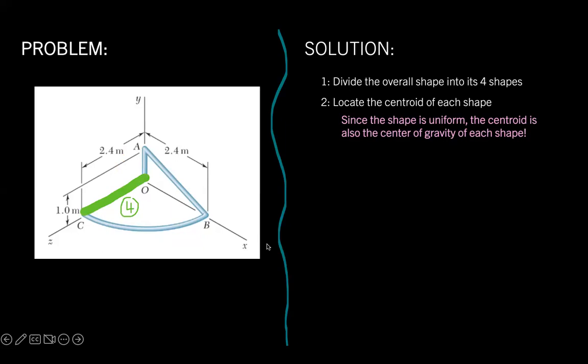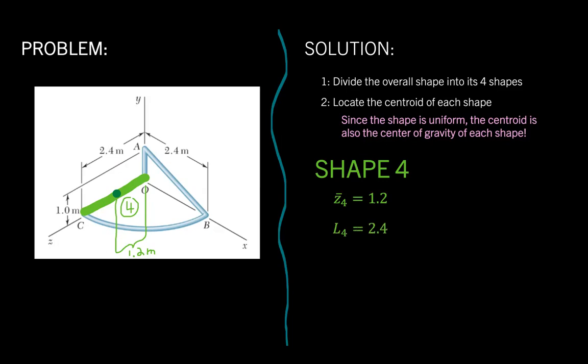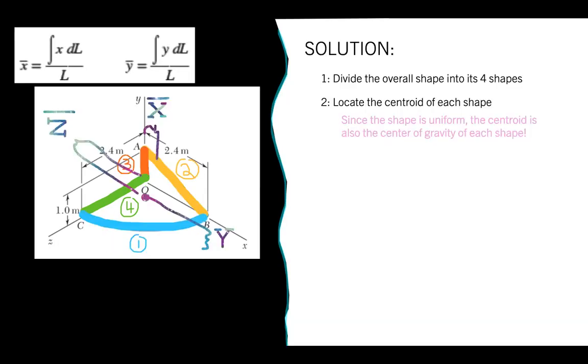Next, we will focus on shape 4. Shape 4 is a horizontal line. So thus, x4 bar is equal to 1.2 meters. Oh wait, sorry, that is Z4 bar because it's in the Z axis. And then L4 is simply equal to 2.4 meters.